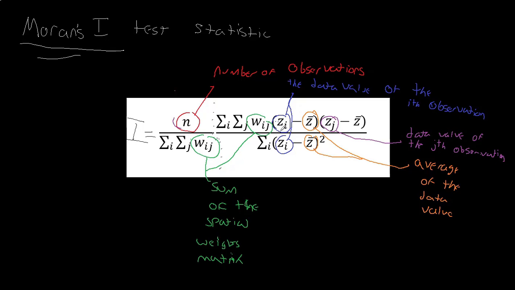The farther these values are apart, the more this will deviate from 1. As zi and zj approach each other, this top term begins to look a lot more like this bottom term, so this whole thing will approach 1. If these values are different from each other, then this will start to deviate away from 1. So hopefully that makes sense.